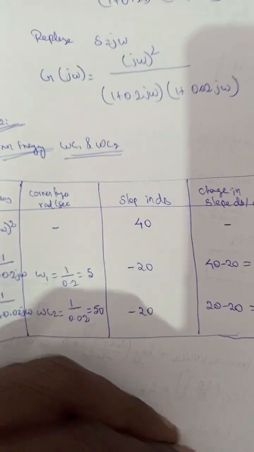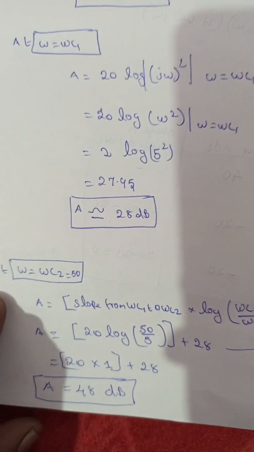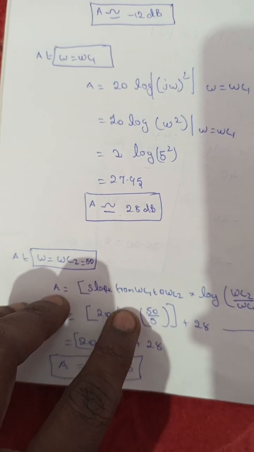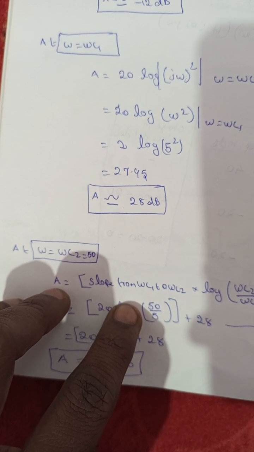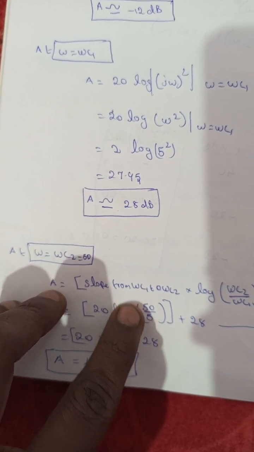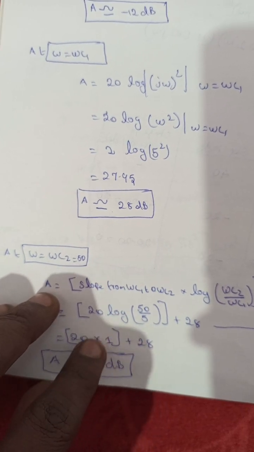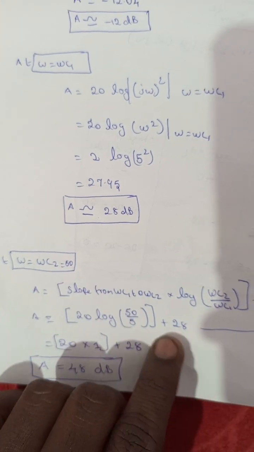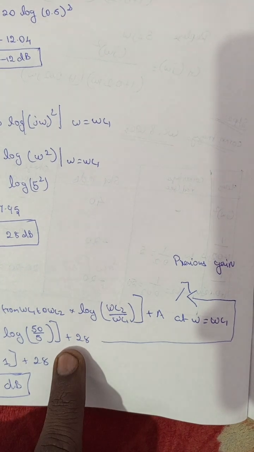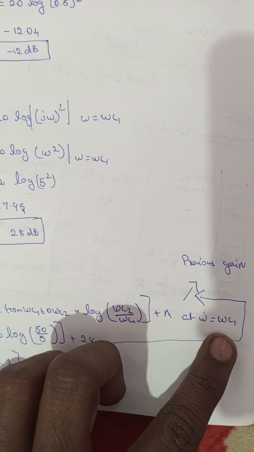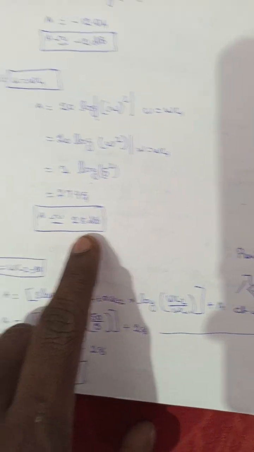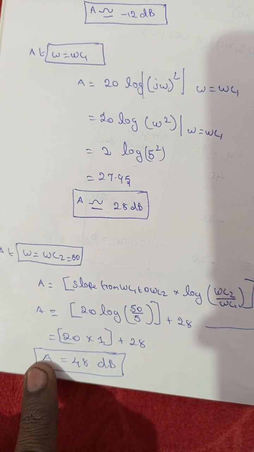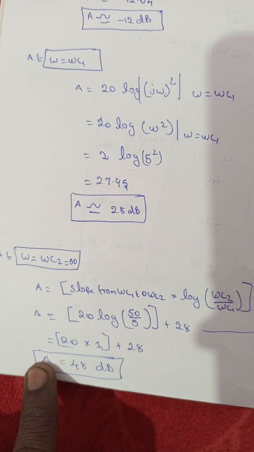So we are replacing the value as 20 log, WC2 to WC1 is 50 divided by 5, and the value at ω is equal to WC1. This is the previous value we have found out, that is at ω equal to WC1. So we are replacing that value here, and we are getting A is equal to 48 dB.